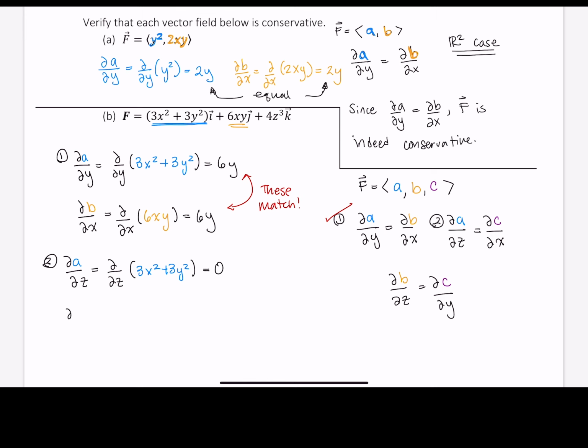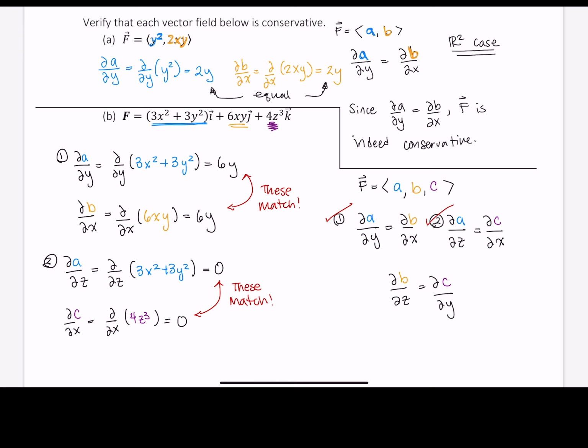Now let's look at the partial derivative of the z component, which we call c in our case here, with respect to x. That's equal to the partial with respect to x of 4z cubed, which is equal to, again, 0, because 4z cubed with respect to x is just a constant, so 0. And again, these match. So we verified this second condition.